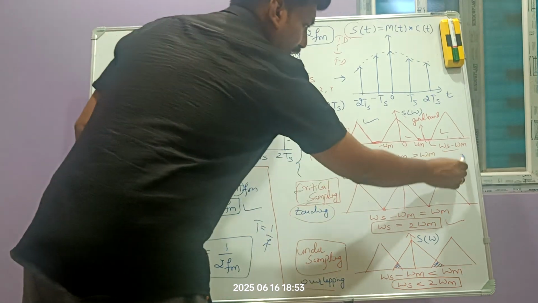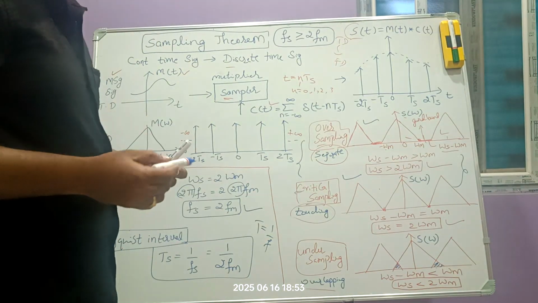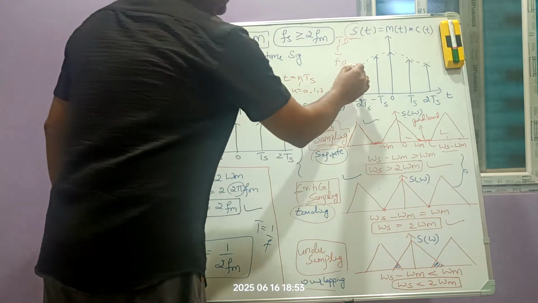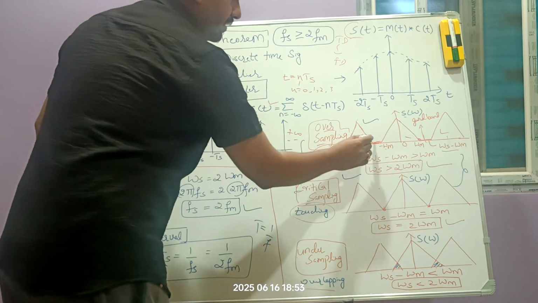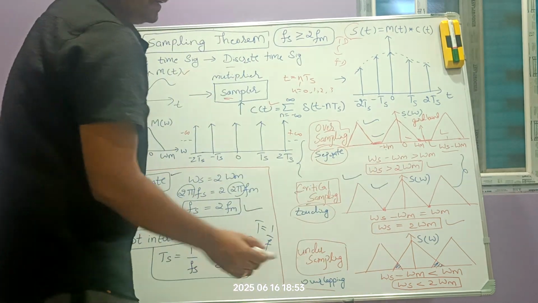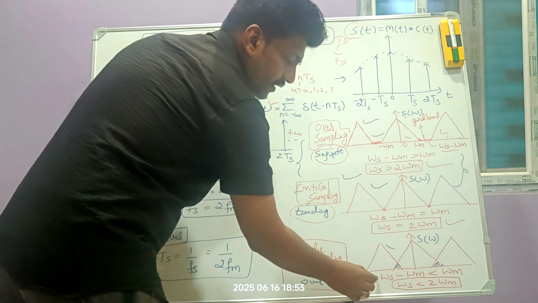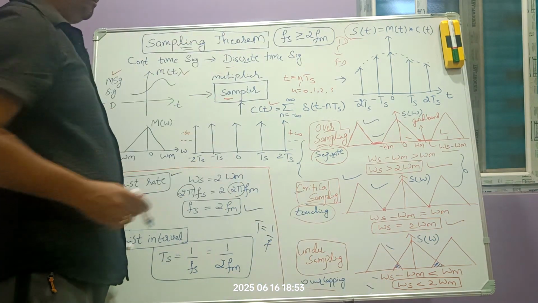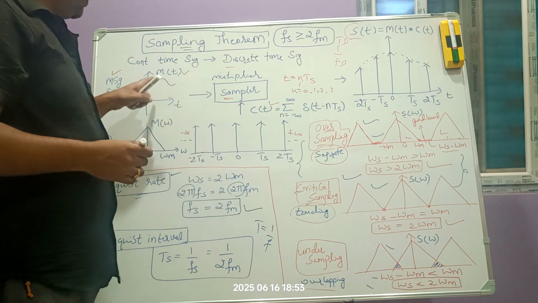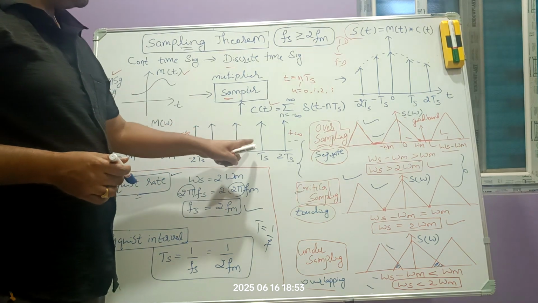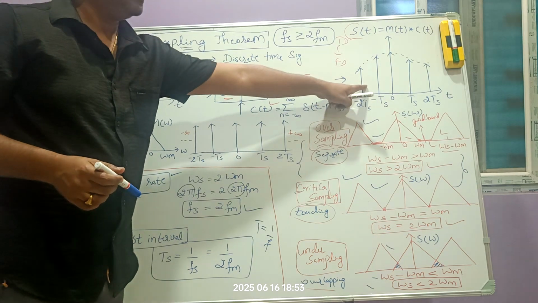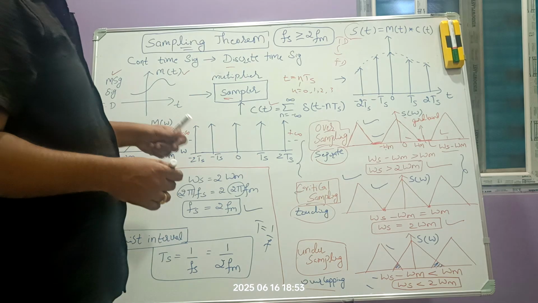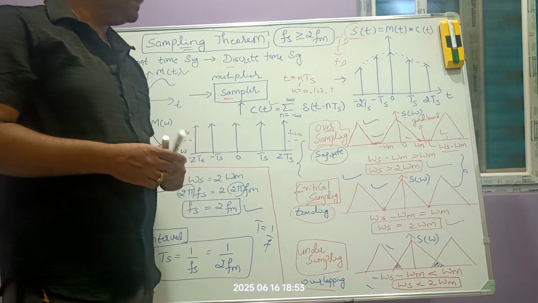For these two conditions, we can represent as well as reconstruct our signal like this and like this in the FDM domain. But if it is less than, it is going to overlap. So this is the importance of the sampling theorem. We can convert a continuous time signal into a discrete time signal like this by considering a number of samples. So that is about the sampling theorem. Thank you. We will see in the next video.